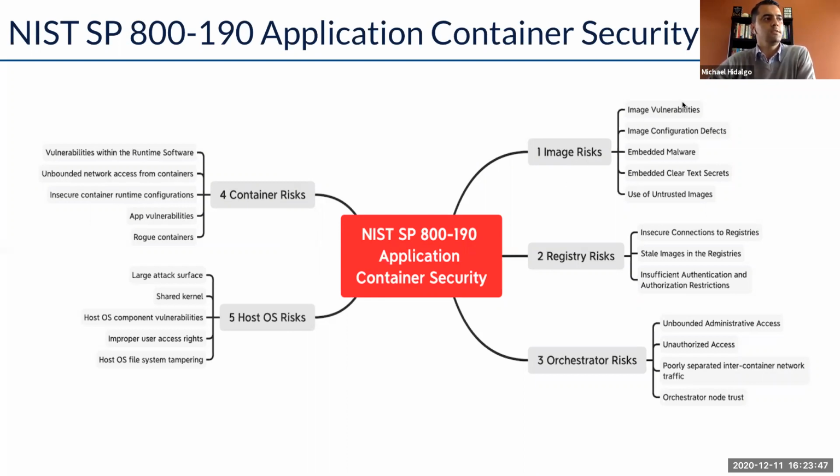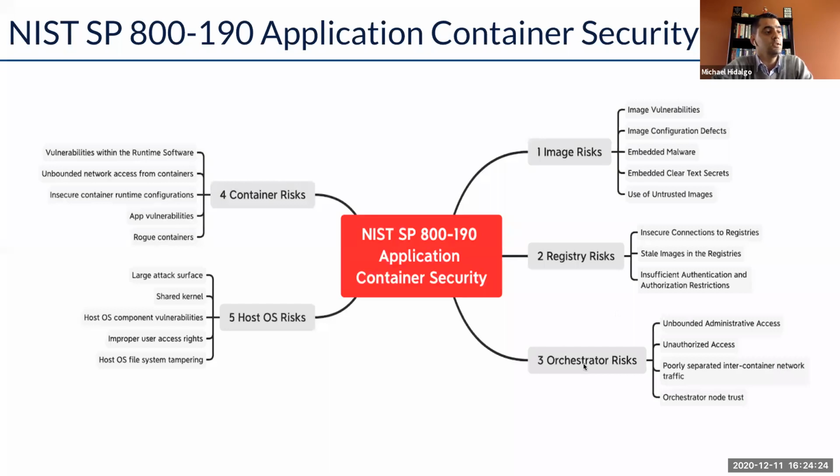It has to do with image vulnerabilities, image configuration defects, embedded malware, as we saw before, images that already contain cryptocurrency mining, embedded clear text secrets, which is a big issue as well, where developers sometimes leave secrets or API keys hard-coded within the configuration files, and the use of untrusted images. On top of that, the registry: make sure that the connections to the different registries are always secure, and watch for stale images within the registry, and insufficient authentication and authorization.